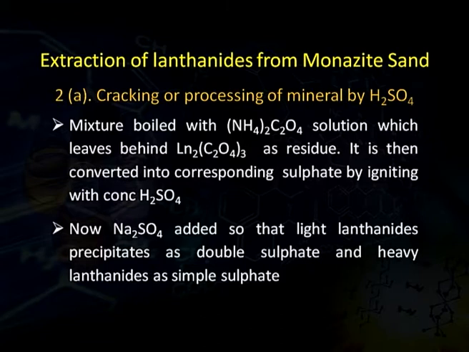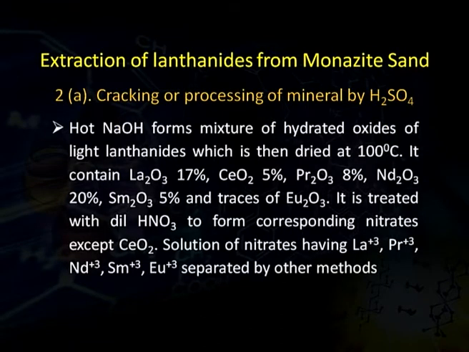The hot sodium hydroxide forms a mixture of hydrated oxides of light lanthanides, which is then dried at 100 degree centigrade. It contains lanthanum oxide 17%, ceric oxide 5%, praseodymium oxide 8%, oxide of neodymium 20%, that of samarium 5% and traces of europium oxide.